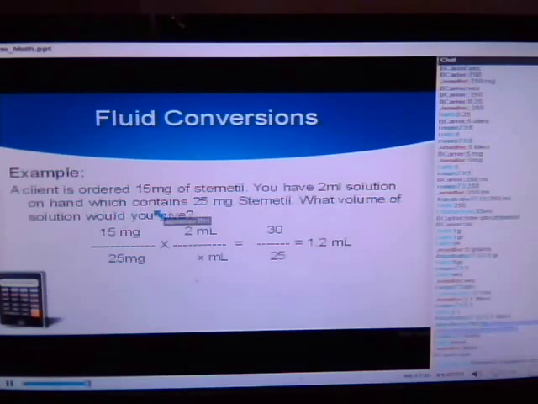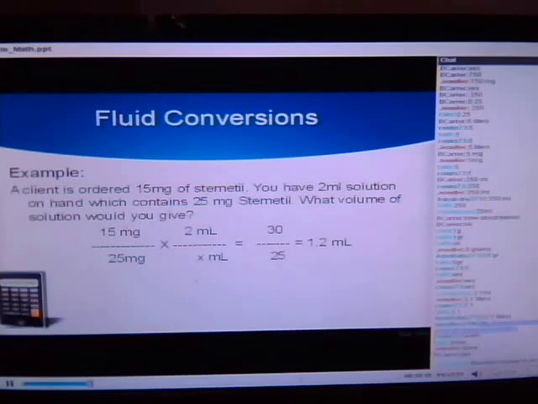So for example, a client is ordered 15 milligrams of Stemetel. You have a 2 milliliter solution on hand which contains 25 milligrams of Stemetel. So, what volume of solution should you give? For this question, we're looking for milliliters.